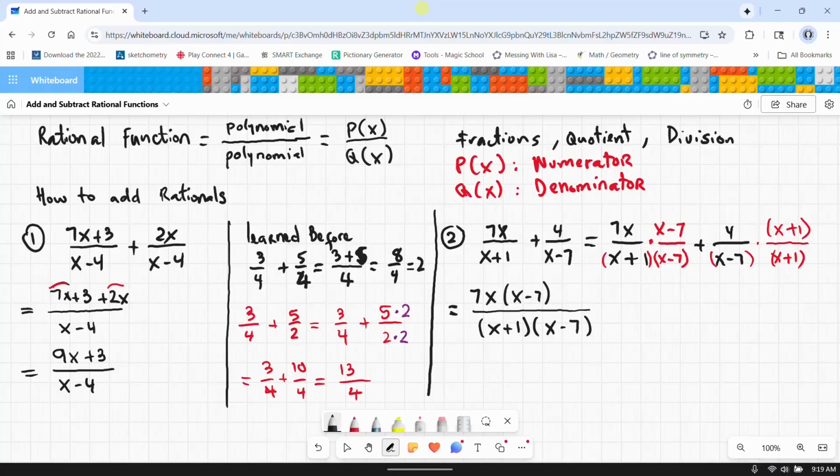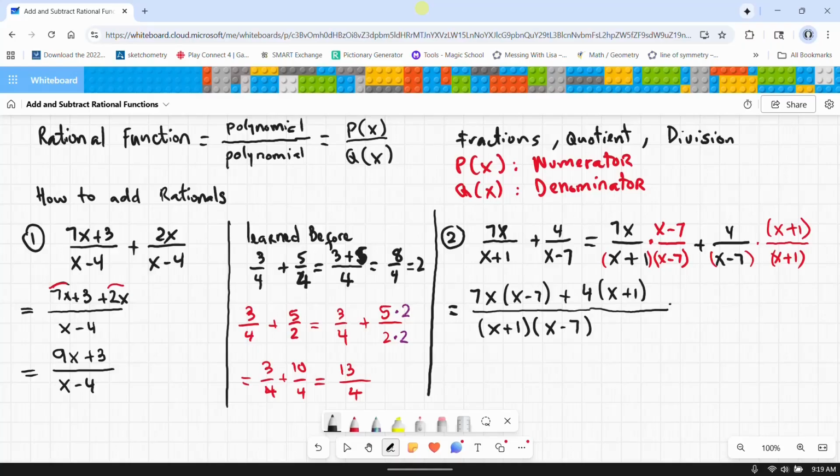We need to keep the terms, the denominator that we used to cross multiply in the bracket. Then we're going to keep the plus sign. It needs to be a little bit longer. We're going to have 4x plus 1.